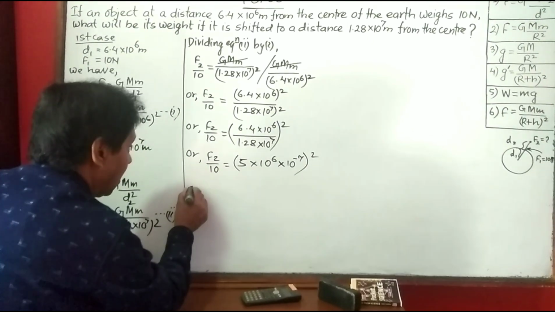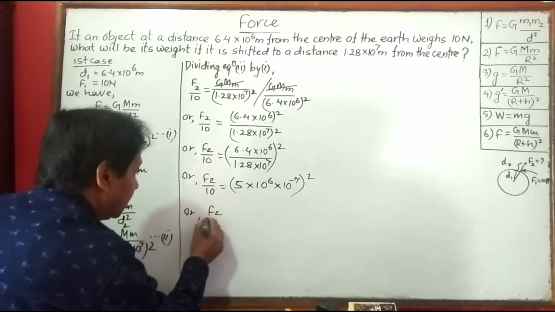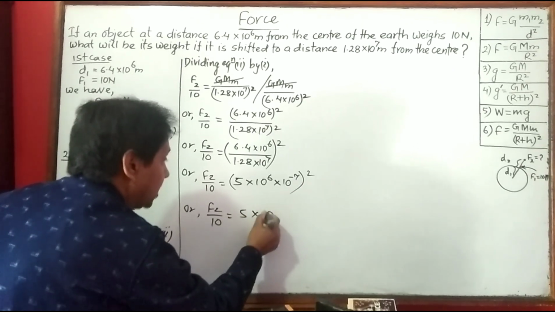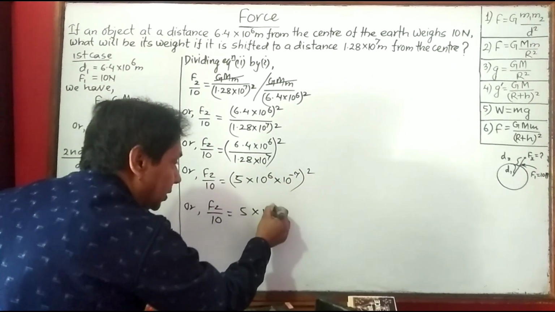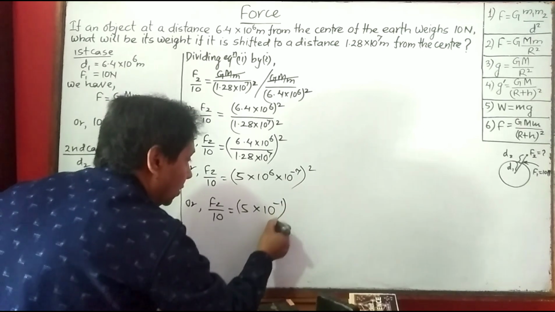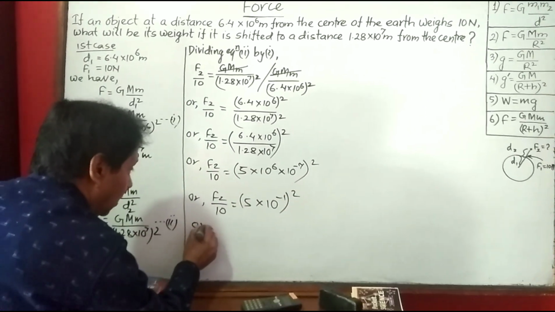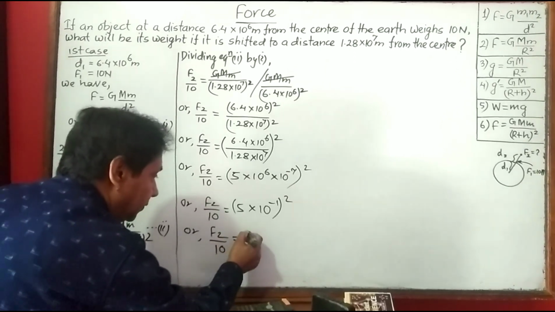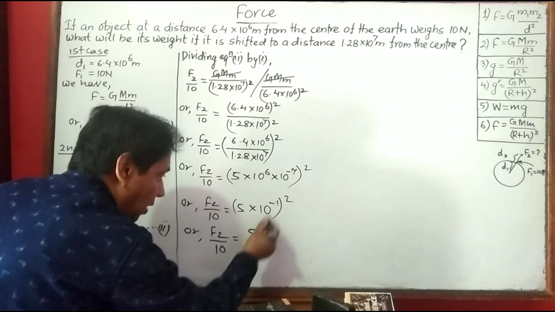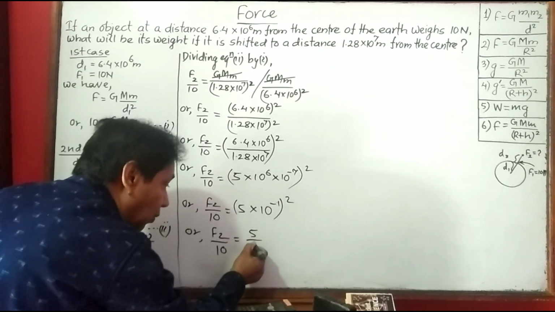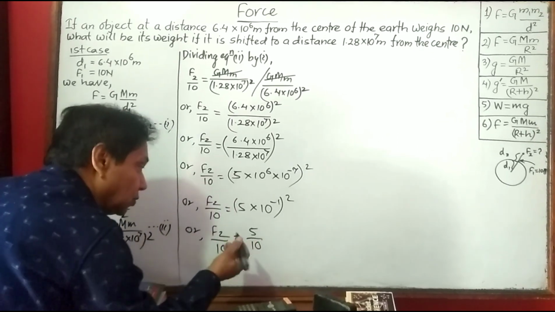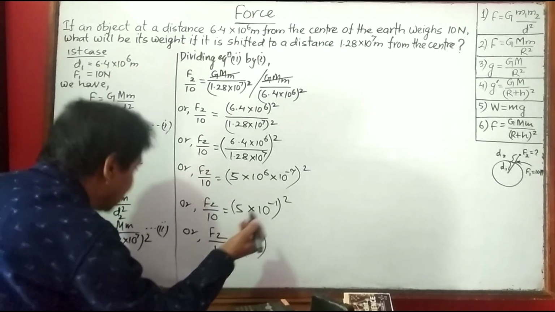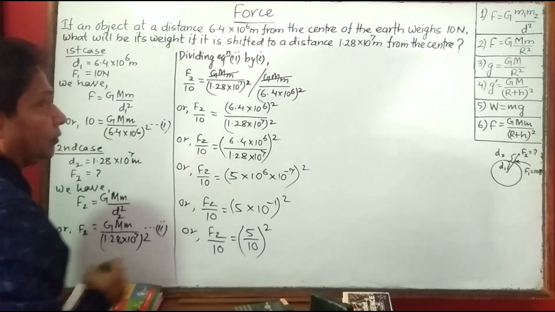Or F2 by 10 is equal to (5 × 10^-1) whole square, or 10^-1 goes down and becomes 10^1, which means 10.